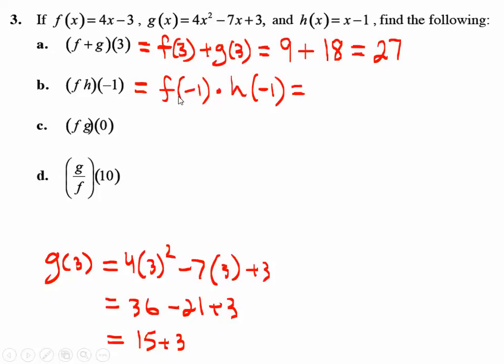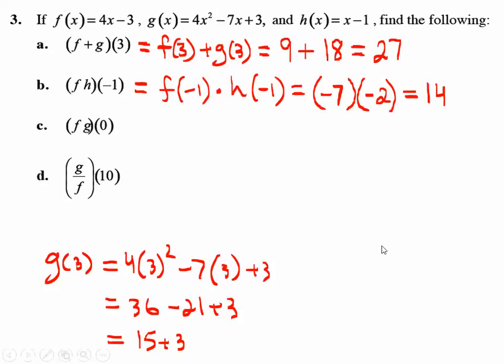Alright, so f of -1, if I plug into that, gives me -4. How about a -7? A -1 plugged into h, what do you guys get there? -2. Cool, so the answer result would be, how about a 14 for b, as you plug in the values.